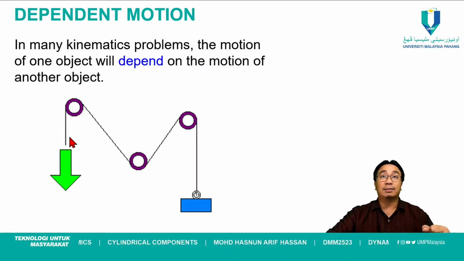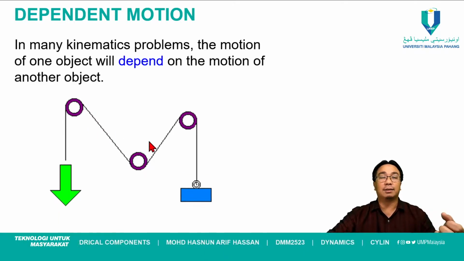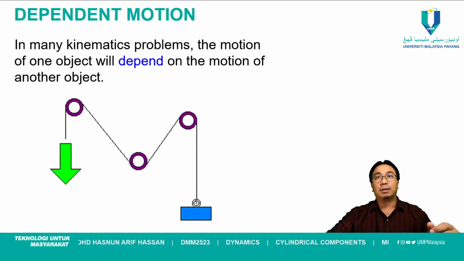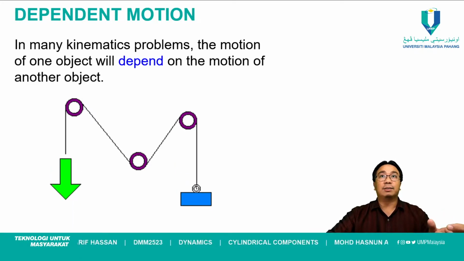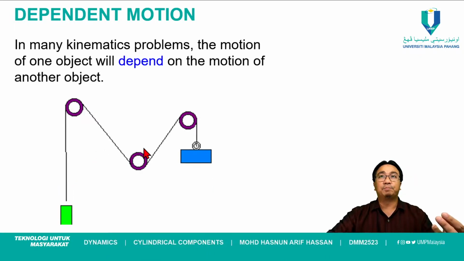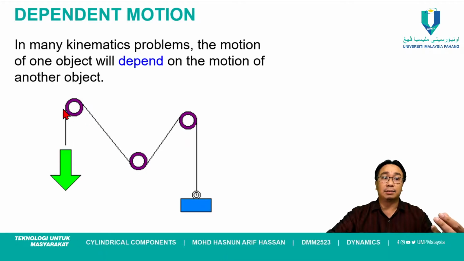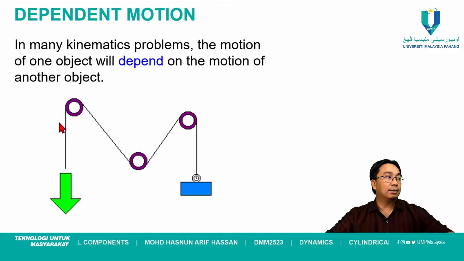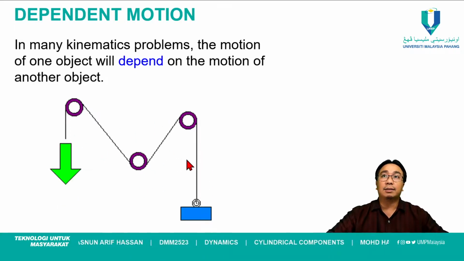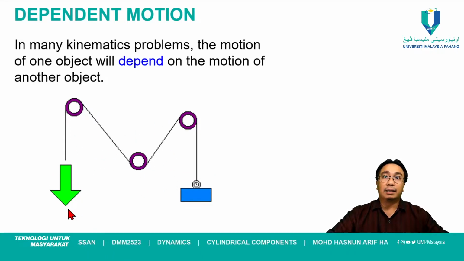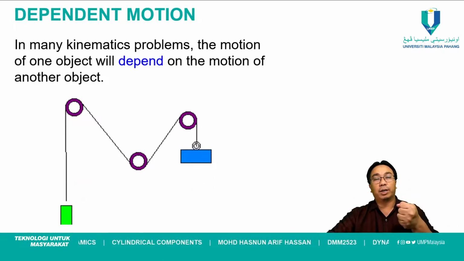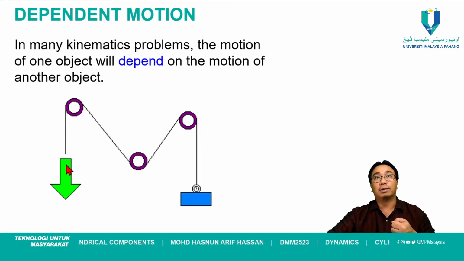Cord ni tali ya, cord ataupun rope ataupun string. So samalah, if you find these terms in the book, in the question ke, you need to understand kalau ditulis cord ataupun string ataupun rope, it means this cord here lah, dia tali ni yang menyambungkan di antara objek ini dengan another object. In this case, the other object is the hand of someone pulling the cord downwards.